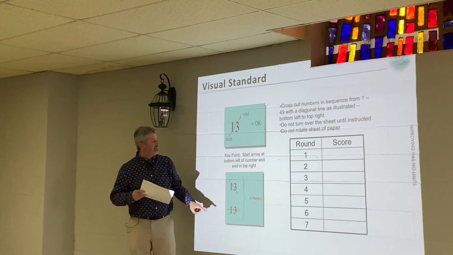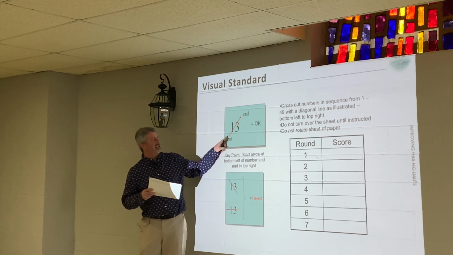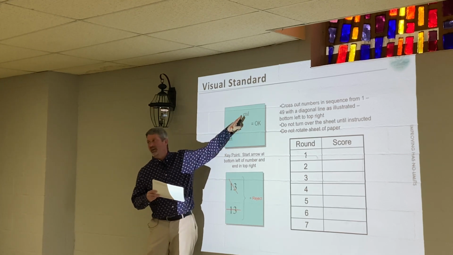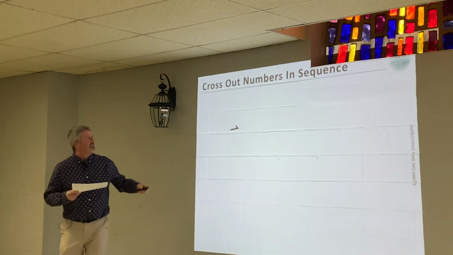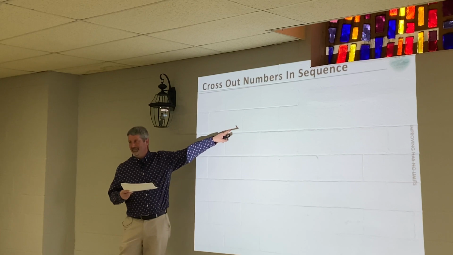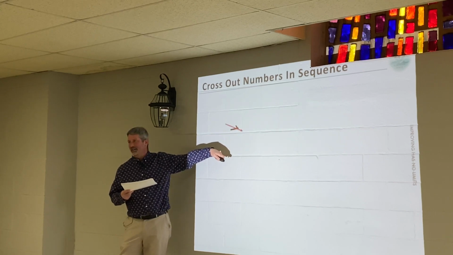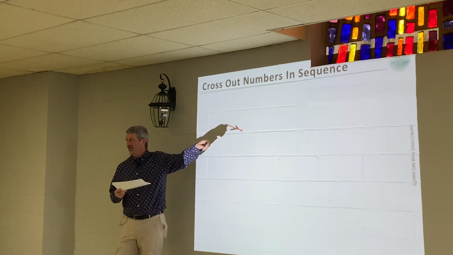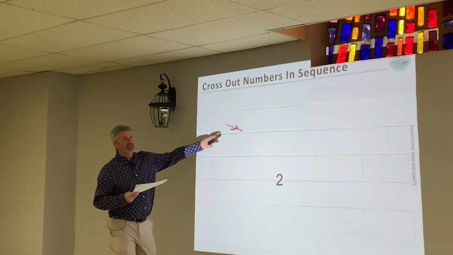All right. That's not good. Quality is bottom left, top right. You're not able to rotate the pages, and here's the thing. If your number shows up like this on the sheet, the arrow goes that way. Bottom left of the number, top right of the number. If the number shows up like this, two, oh, did I mention? You go in order.